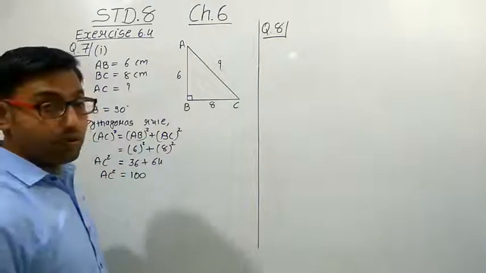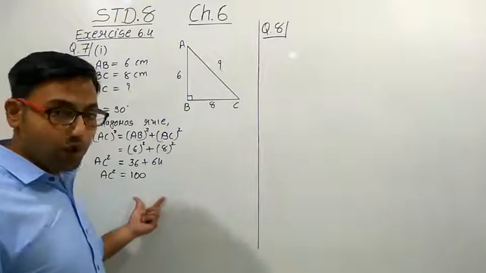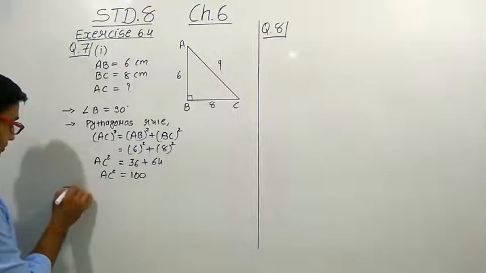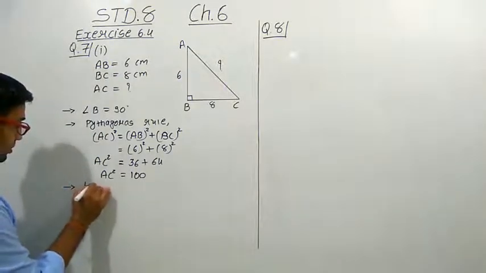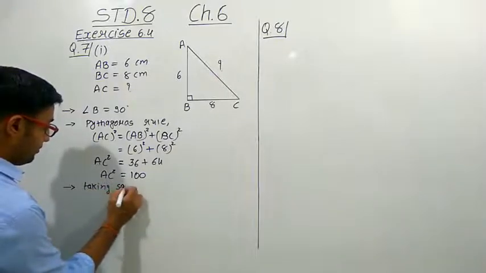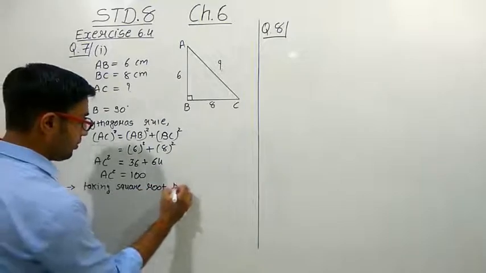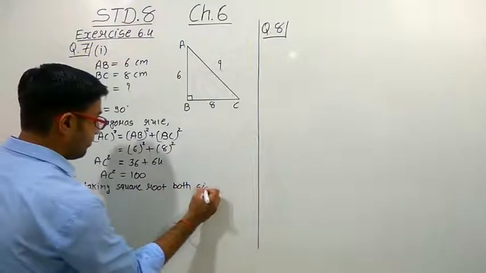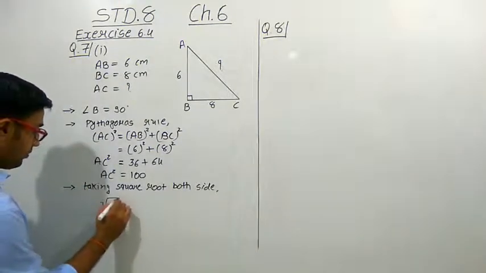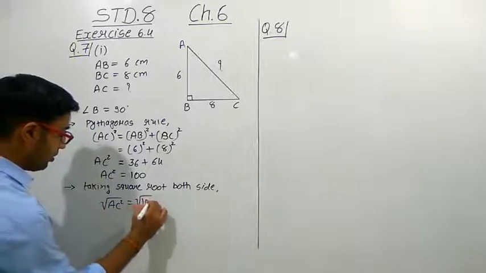Now we have to find out only AC. That means we have to find the square root. So taking the square root on both sides, on this side we write under root AC square, and here we write under root 100.